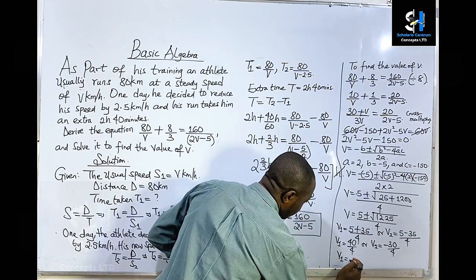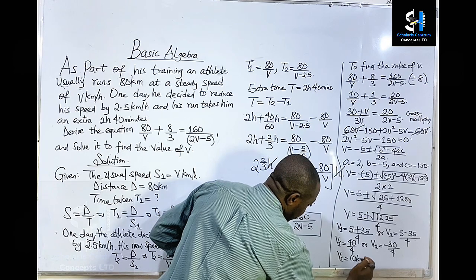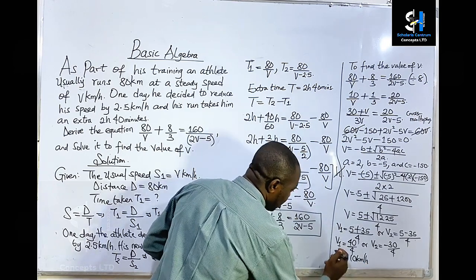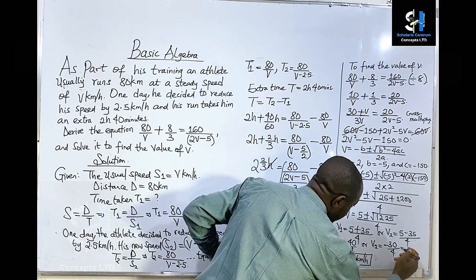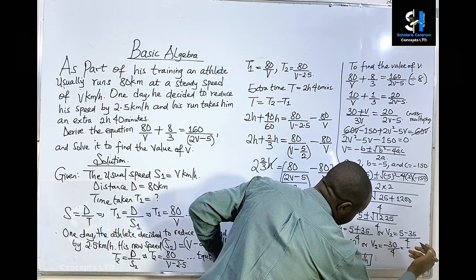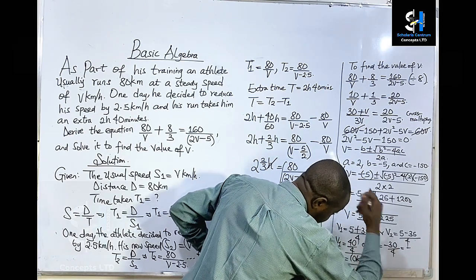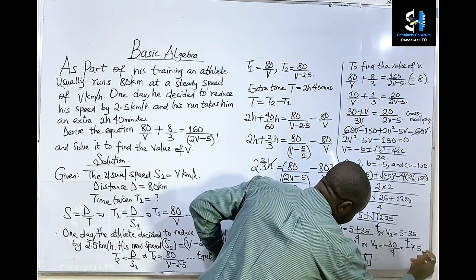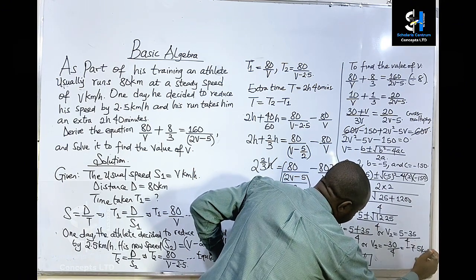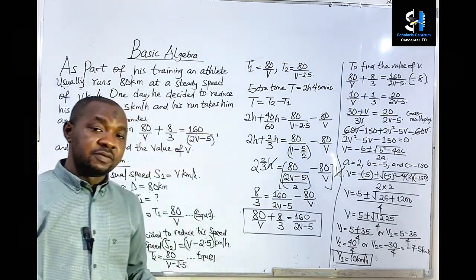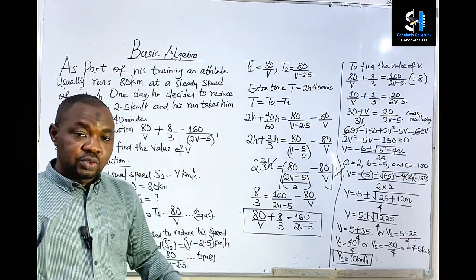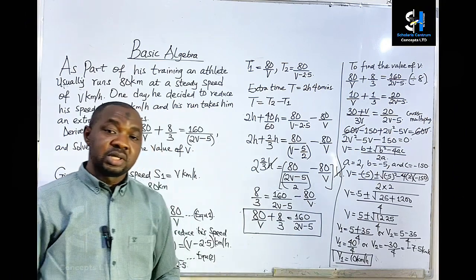So the value of V1 is 10 kilometers per hour, okay? Then we have V2 to be equals to negative, so when we divide this, that's 15 over 2, that will be -7.5 kilometers per hour. Now, the value of V must be positive, not negative. So the answer to the question is 10 kilometers per hour.